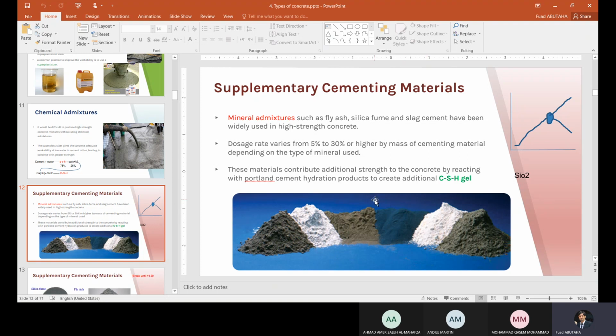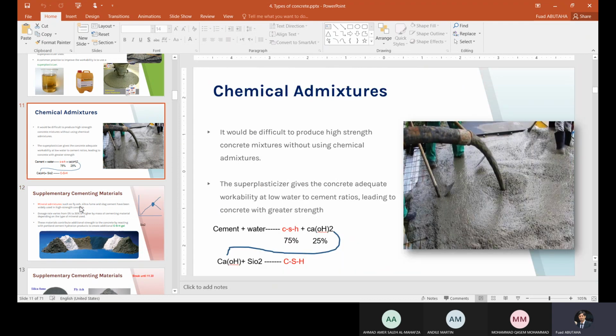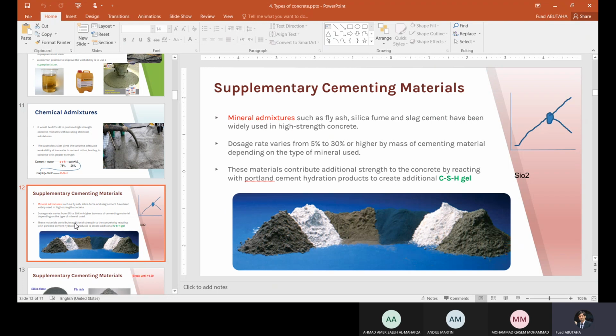And these mineral admixtures can improve the compressive strength of concrete furthermore. So, how can the mineral admixtures contribute to the strength of concrete? The mineral admixtures contribute to the strength of concrete in two ways.